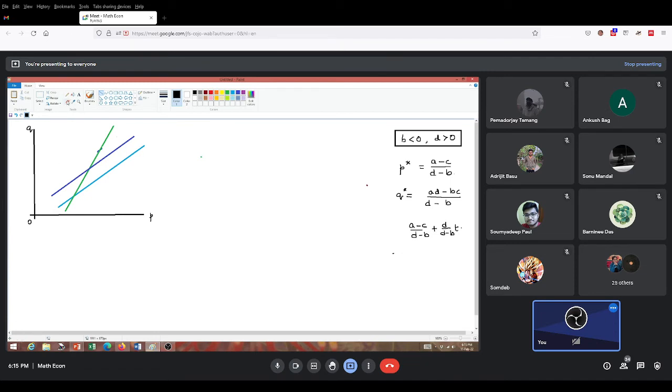Oh, I'm sorry. Not getting the correct axis. Let me see how I have to draw it. It has to be very close.